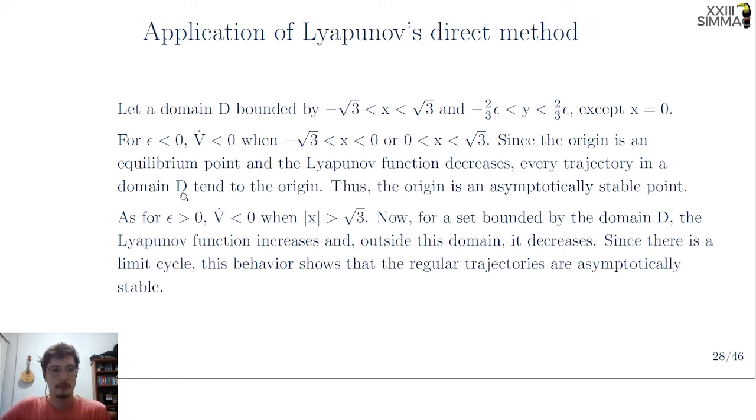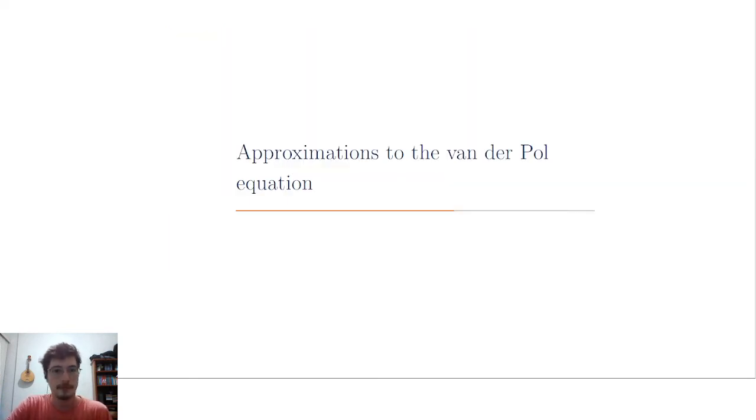Whereas for positive epsilon, the Lyapunov function decreases outside this domain and increases inside this domain D. So since there exists a limit cycle, this behavior shows that the limit cycle is asymptotically stable.